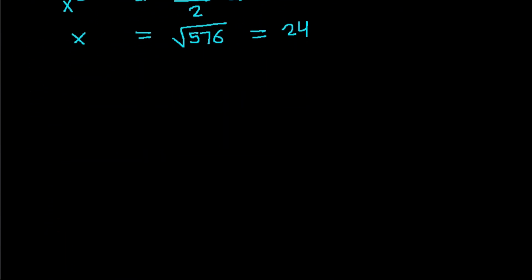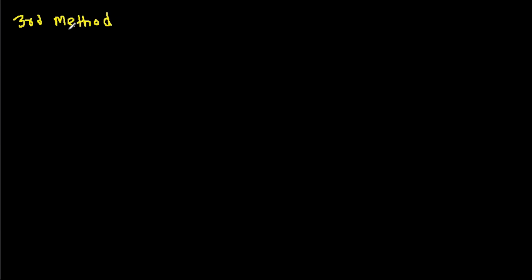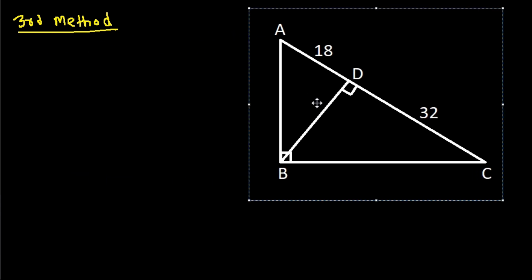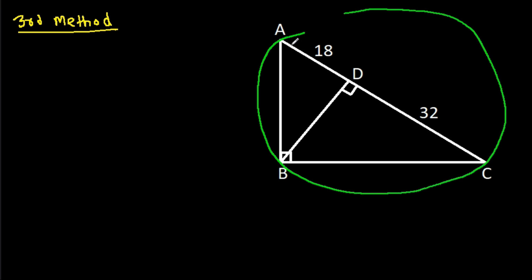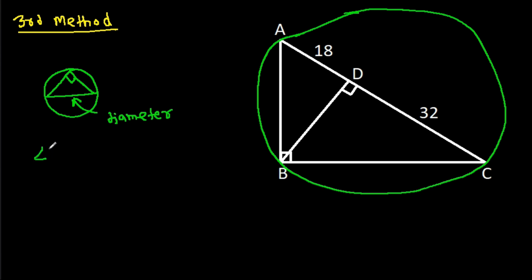And now the third method, if we make a circle around ABC, then in any circle, diameter makes an angle of 90 degree on the circle, and here we have angle ABC is 90 degree.